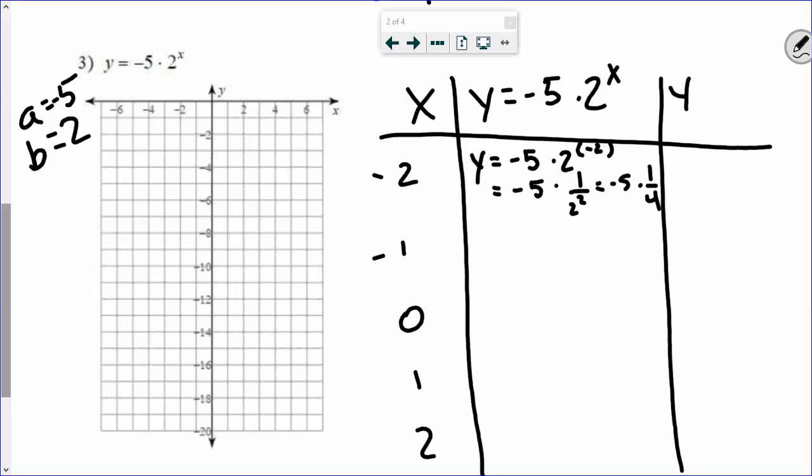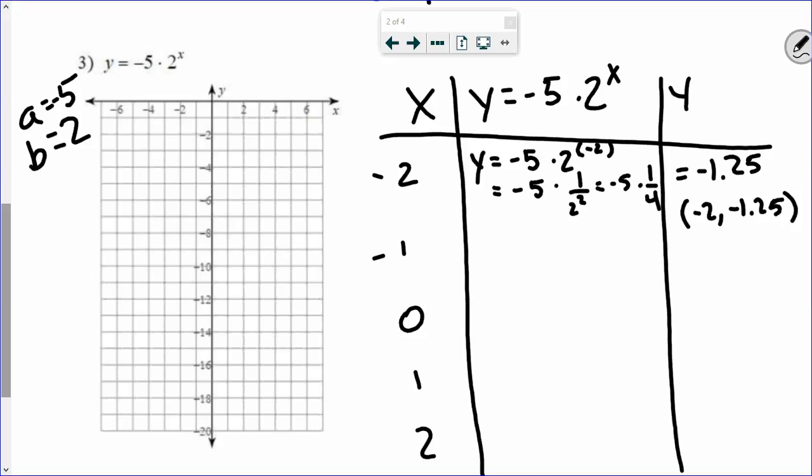So this would be -5 times 1/4, which is -5/4. Or, if you're using your calculators, you would get -1.25. Either -5/4 or -1.25 as a decimal. So the ordered pair there is (-2, -1.25).